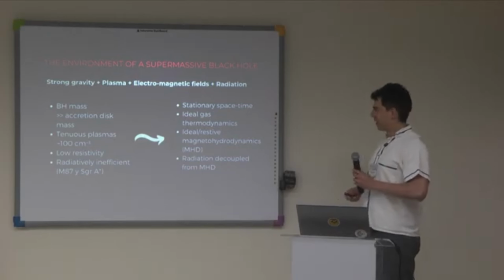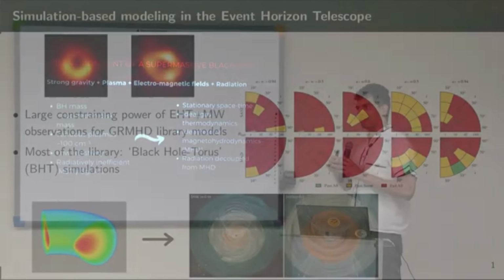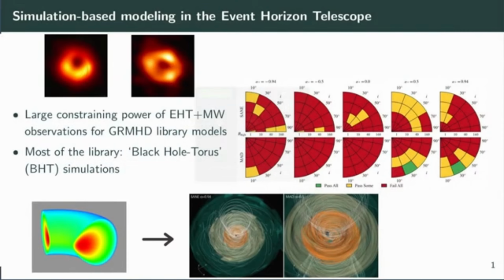So well, despite these limitations of the libraries that I mentioned, there is a set of assumptions, or actually, well, a set of conditions on which we are more or less sure about the environment of black holes, and we are sure before making the observations of the EHT.